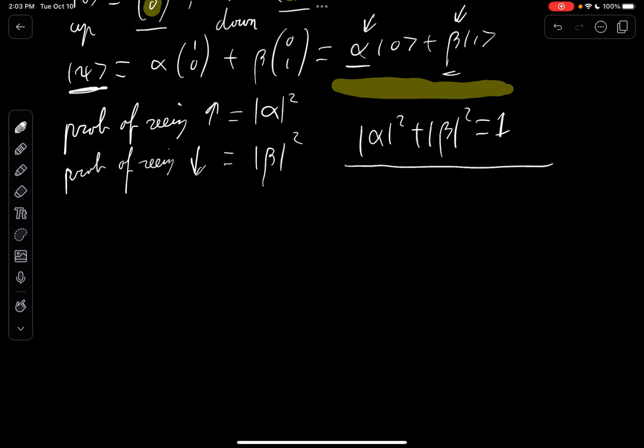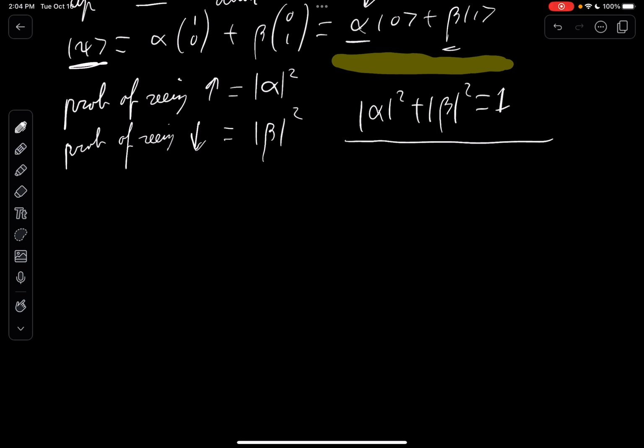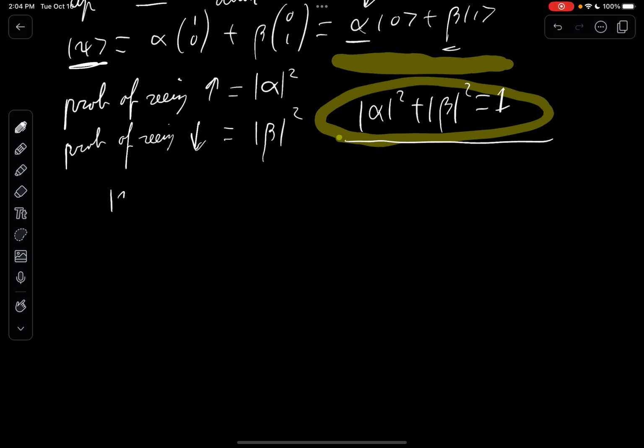So, first of all, let me take a step back. Before we get into calculating probabilities for more general cases, let's rewrite this condition here. It might be a silly way of rewriting it. I used this notation with a straight line and an angular bracket. This is called Dirac notation, and it has its uses.